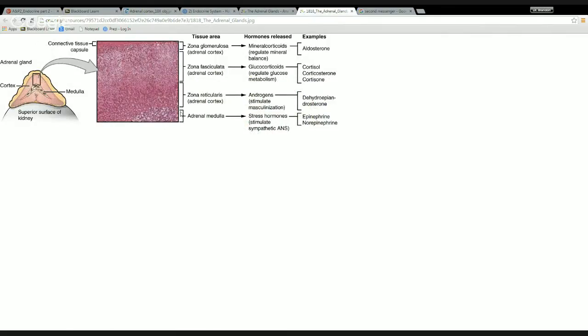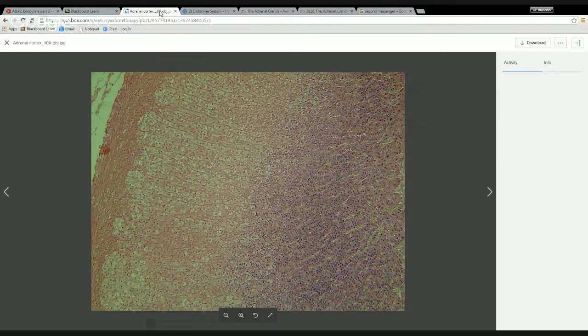Okay. So adjacent to the adrenal medulla, the deepest part of the cortex is called the zona reticularis. And that's the darker part that fades into the lighter part. And that lighter part is called the zona fasciculata. And then the outer, very distinct edge part is called the zona glomerulosa. Okay. So in here, this part out here is the zona glomerulosa.